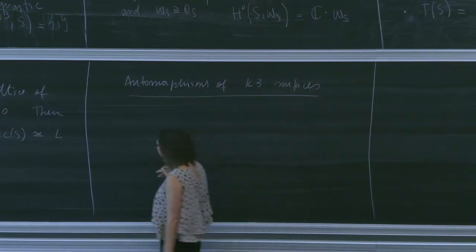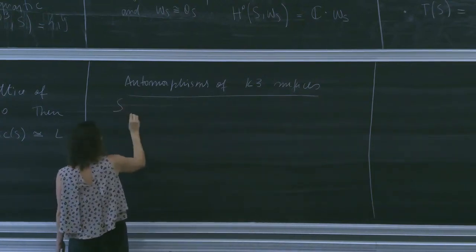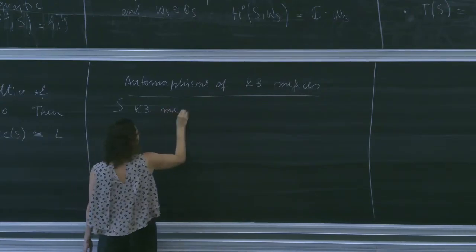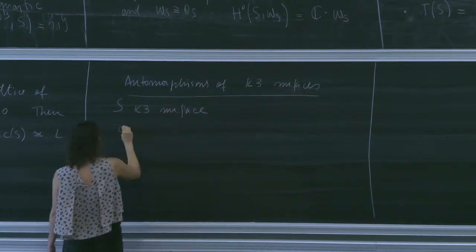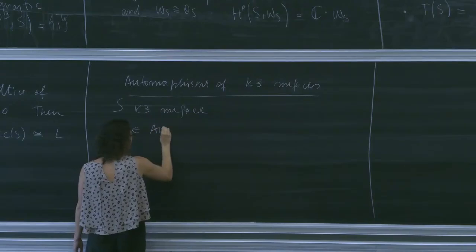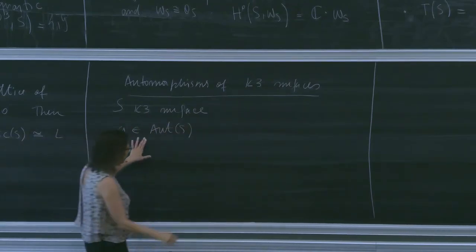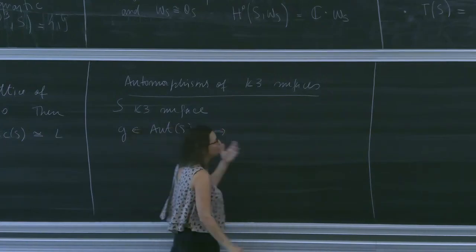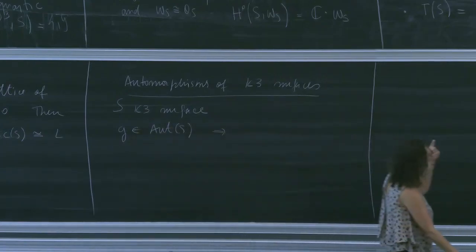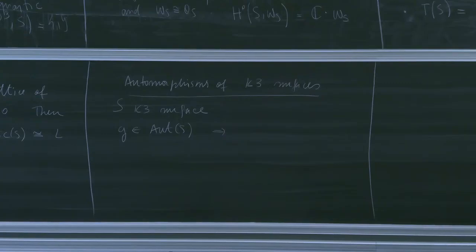Okay, so let's assume that I start with S a K3 surface and g some automorphism of S. Then this g will naturally act on these Picard lattices by isometry.